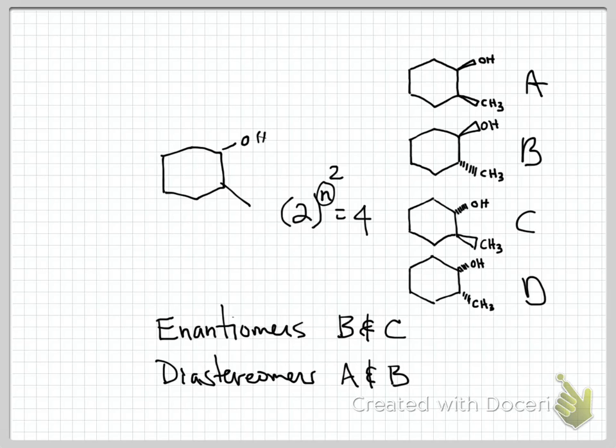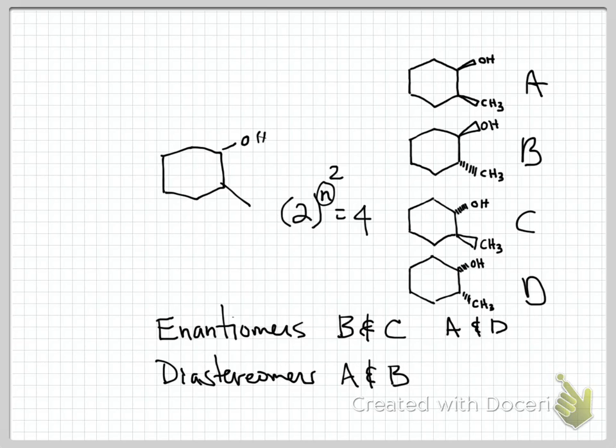What other enantiomeric pairs do I have? A and D. So the diastereomer thing gets really messy. I could pick out a bunch of pairs that are diastereomers of each other.